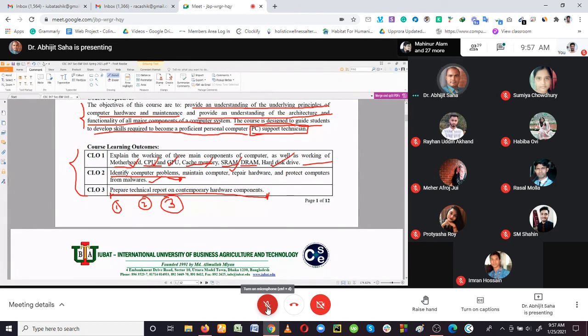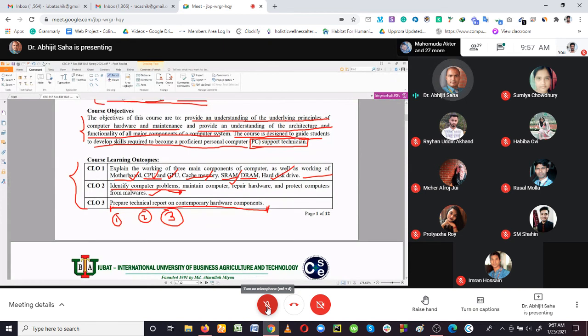Because this is a 2 credit hour course, it's not possible to go into the depth of a topic like the motherboard, the depth of the CPU, or the depth of the other topics. So what I do is give these topics to these groups. Say the first group is assigned the motherboard, so they study about motherboards.